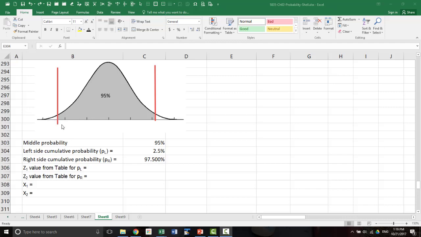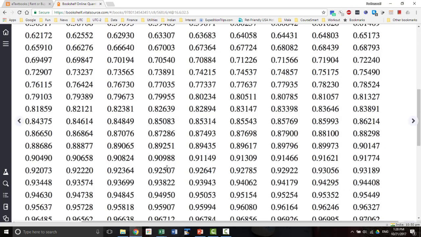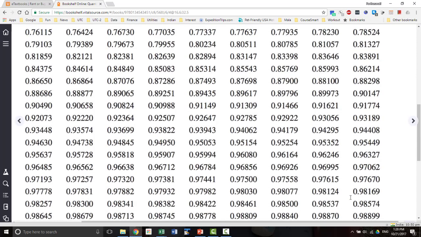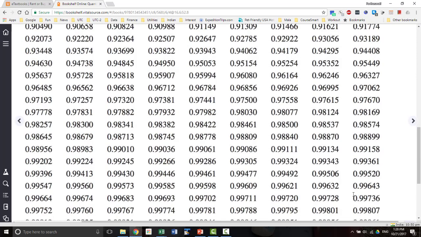So this is going to be a negative z value for sure, right? This is on the left side. So this is 0.025. So the cumulative probability will be 97.5 or 0.975. So we need to look for 0.975.